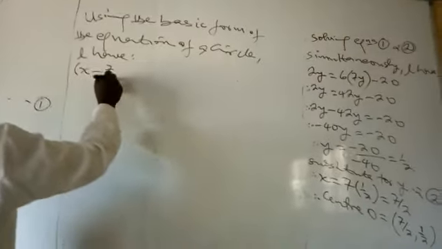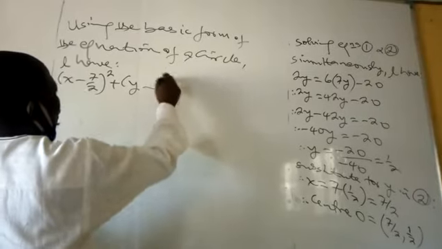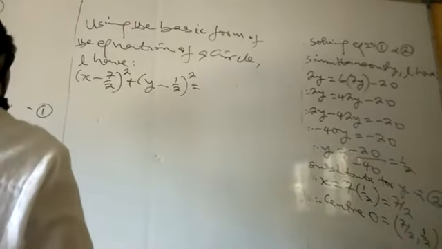So x minus 7 over 2 all square, plus y minus b, where b in this case is half. Y minus half all square is equal to the radius square.